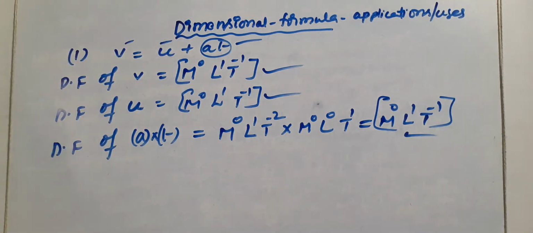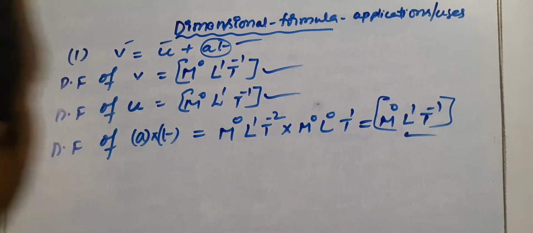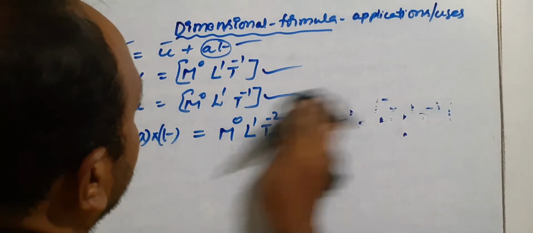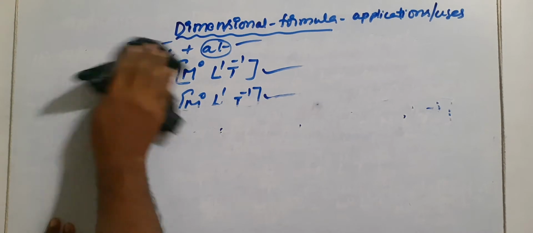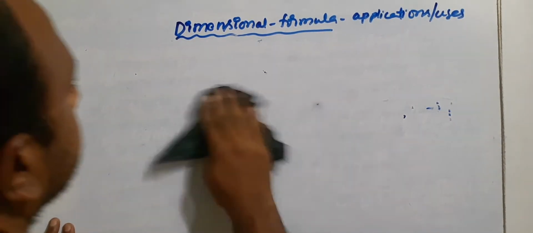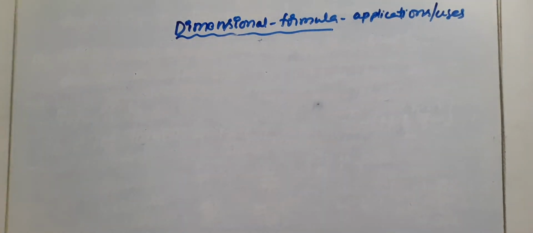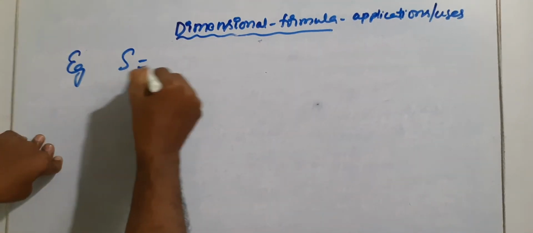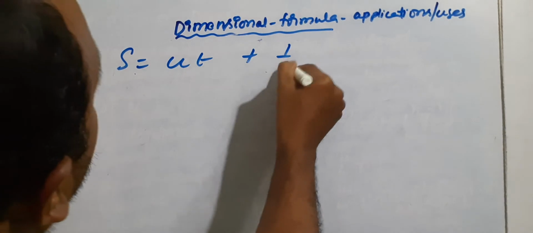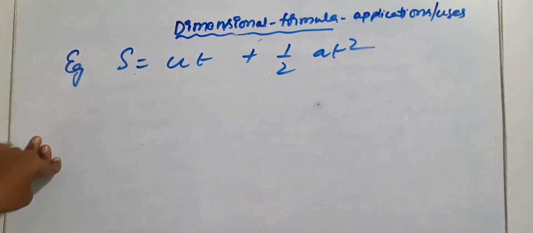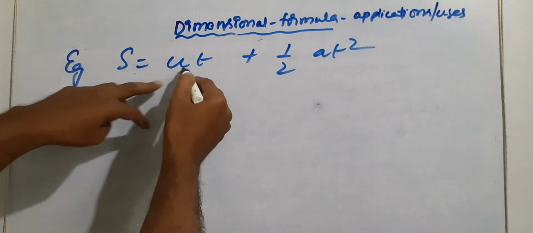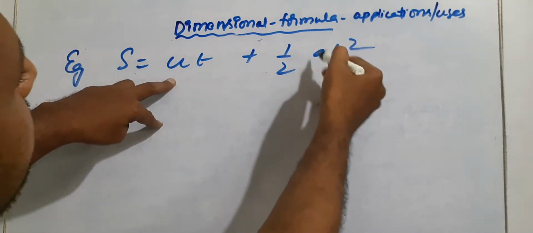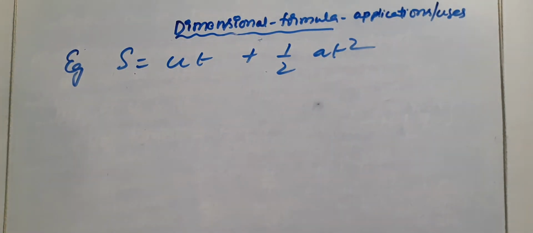Now we are taking one more example to verify the principle of homogeneity. Suppose we take the second equation of motion, students: S equals ut plus half at square. Here S is one term, ut together is one term, at square is one term, and half is a constant.